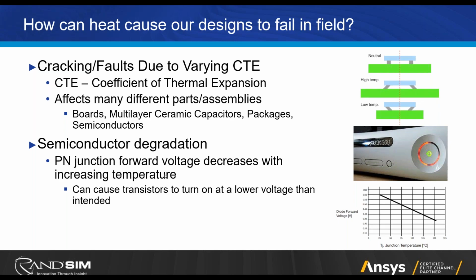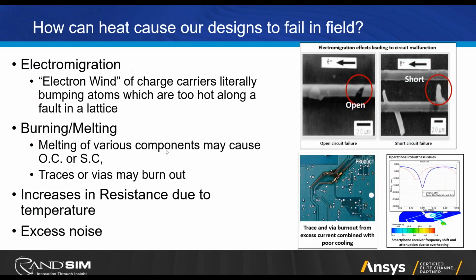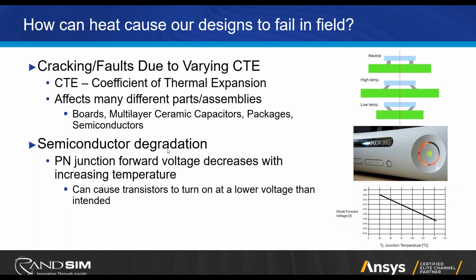After which, another big one is semiconductor degradation. So whenever you have a transistor or a diode with a PN junction, of course, which they all have, whenever you're increasing temperature, that forward voltage is going to decrease. I'm sure you can imagine a couple of scenarios in which that would not be good. So that forward voltage is also what's determining the on voltage for BJTs, a little bit different for FETs.